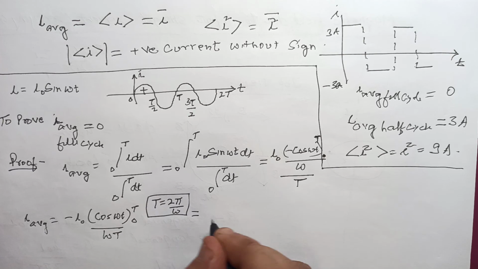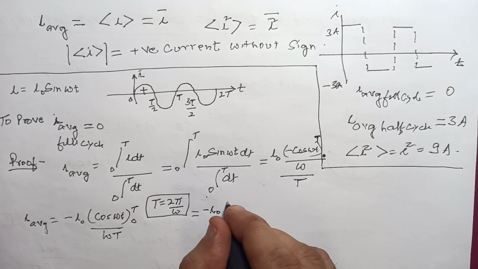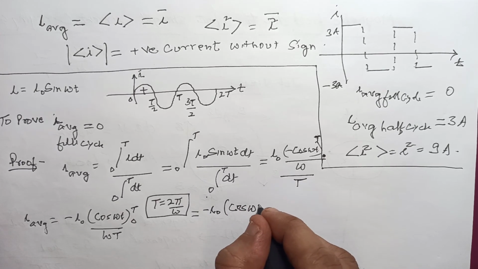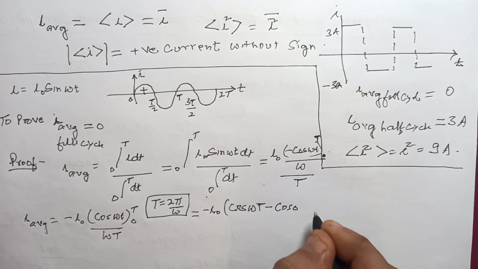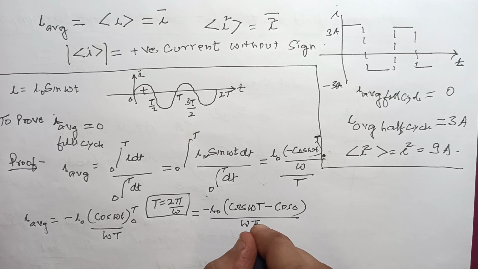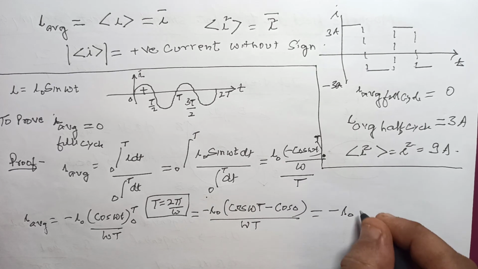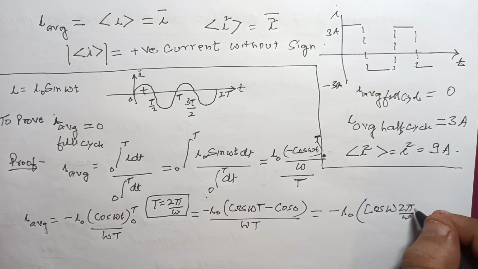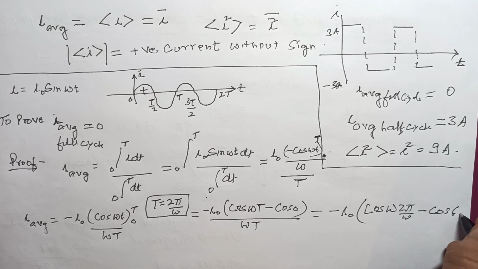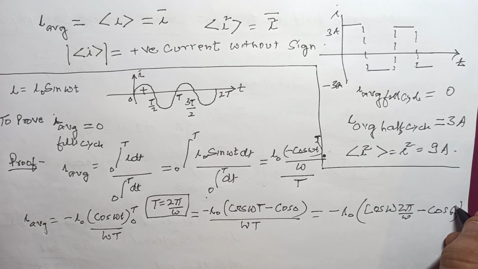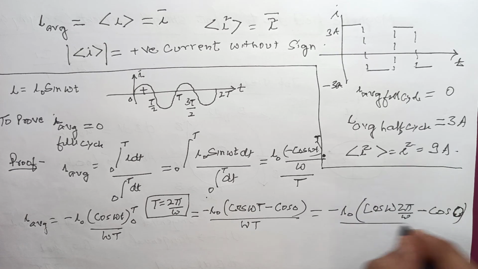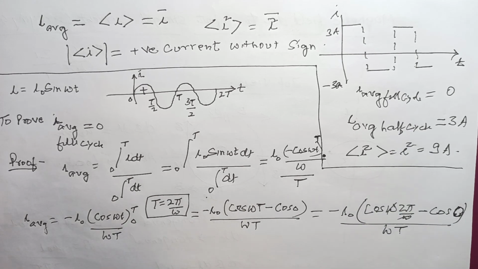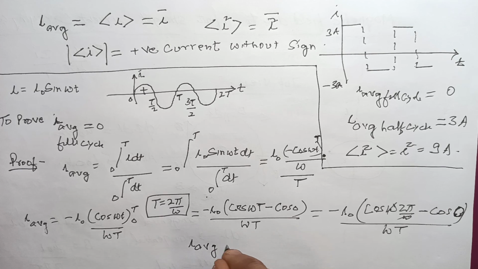Further, is equal to minus I naught, cos omega T minus cos 0, by omega T, is equal to minus I naught cos of 2 pi by omega times omega, minus cos of 0, divided by omega T. Now this and this cancel, cos 360 is again the same as cos 0, so cos 0 minus cos 0 is what? 0. So I will say I average is equal to 0.